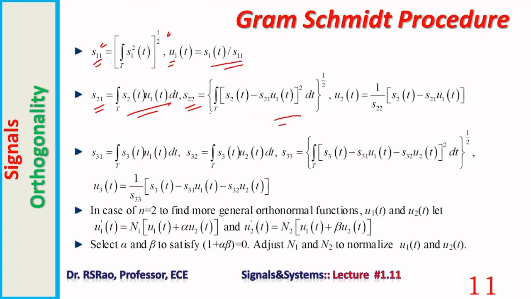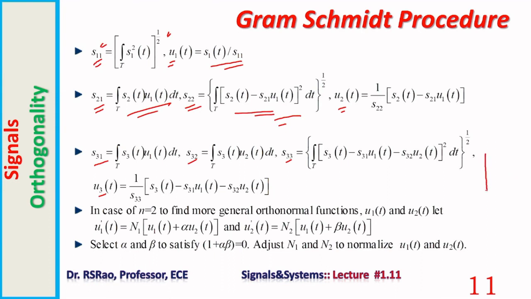S22 can be obtained in this manner using this relation. And then U2 is equal to 1 by S22 times S2 of t minus S21 U1 of t. In a similar manner, S31, S32, S33, U3 can be obtained.